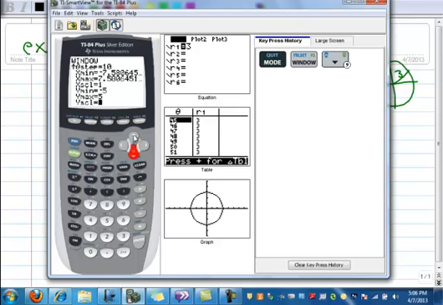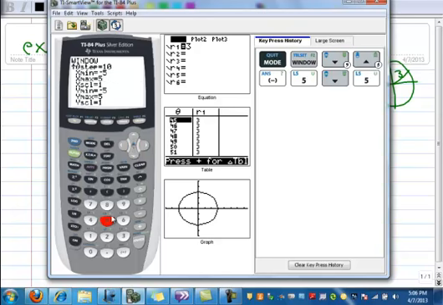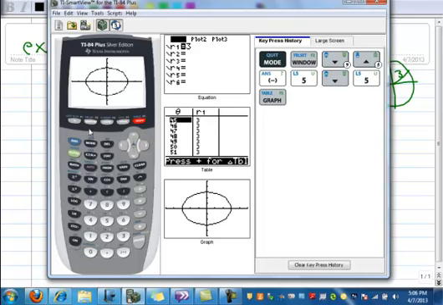I set the x originally at negative 5 to positive 5. And when I graph that, with r equals 3 already entered, it's a circle, but you get kind of a flattened circle, more of an ellipse looking on the calculator.